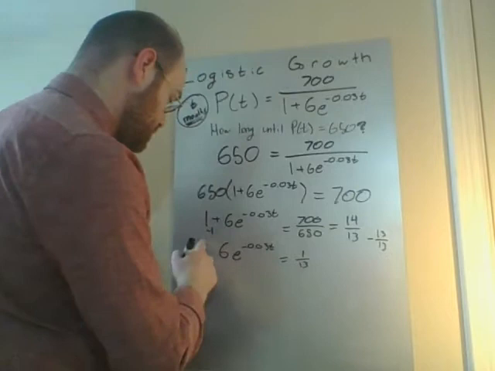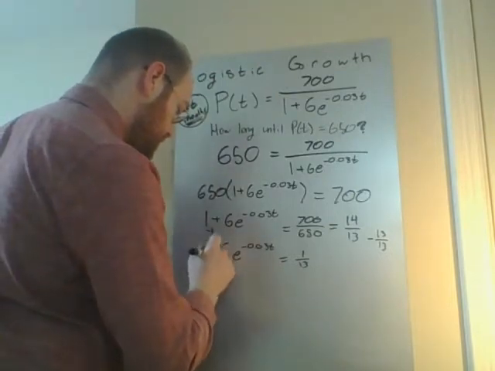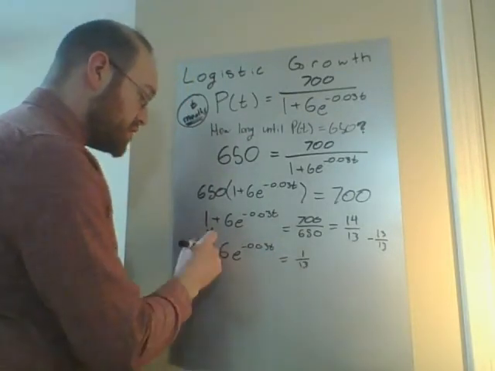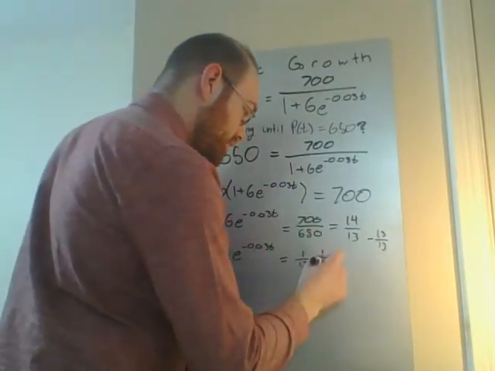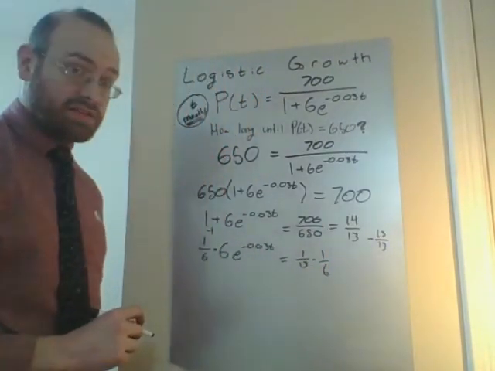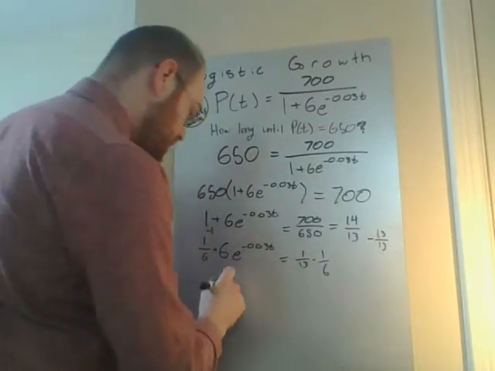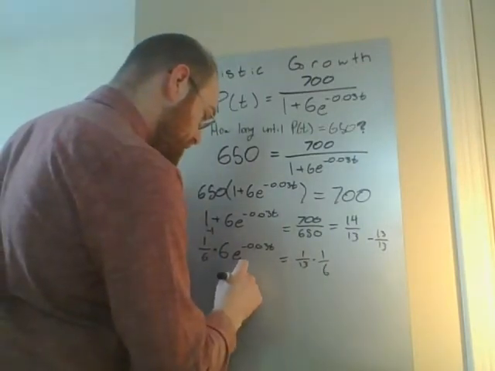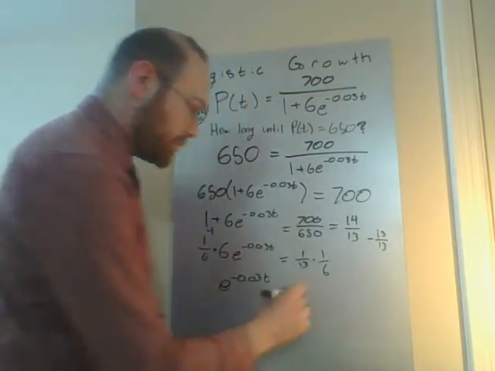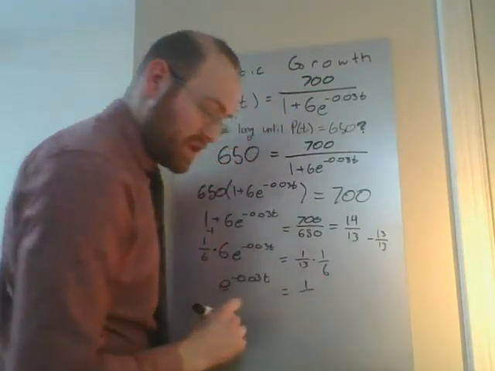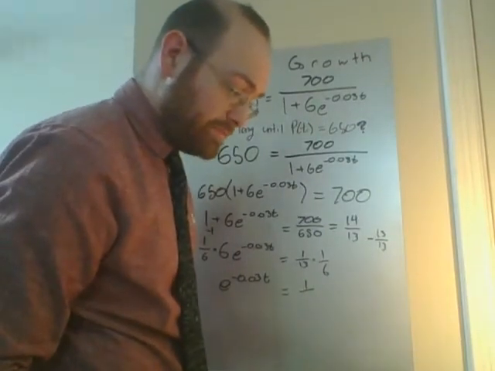So let's see. I don't like dividing a fraction. So let's instead multiply by 1/6 on both sides. And so this will give us e to the negative 0.03t equals 1 times, well, look at that.